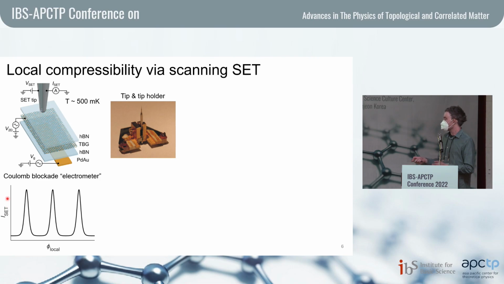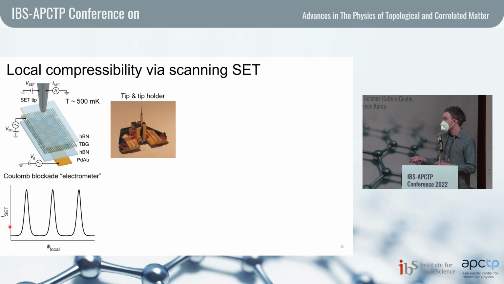In particular, we can monitor the current flowing through the tip as we change the local electrostatic potential. At certain points there's a peak in the current. These correspond to values of phi for which the configuration with n and n plus 1 electrons is nearly equal in energy, which means that electrons can hop on and off the island.